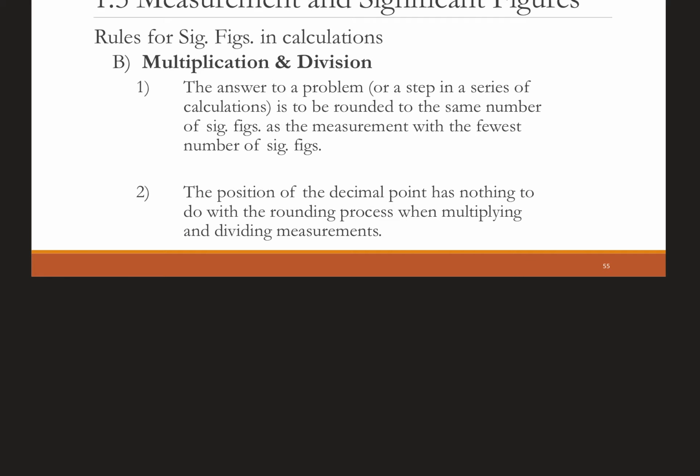So for example, let me show why they can be different. Again, if I take the numbers, let's say 8.4 plus 2.95, you get 11.35. You would round this to 11.3.